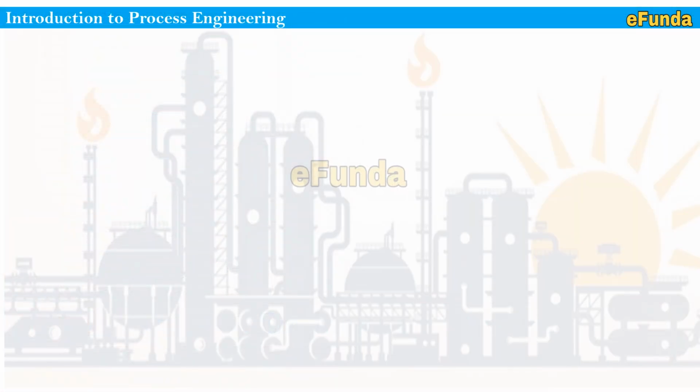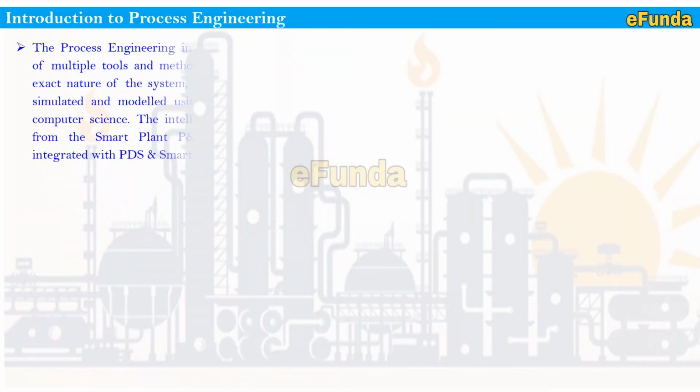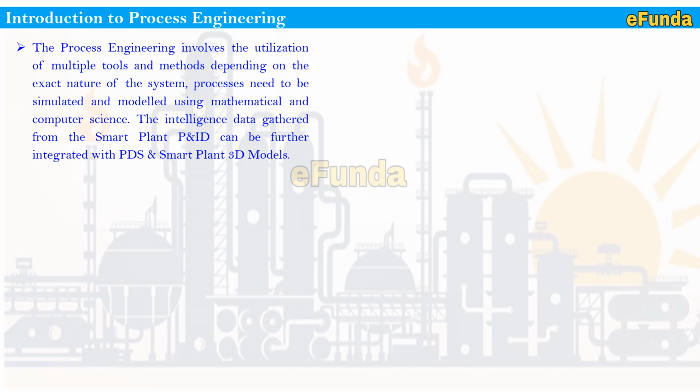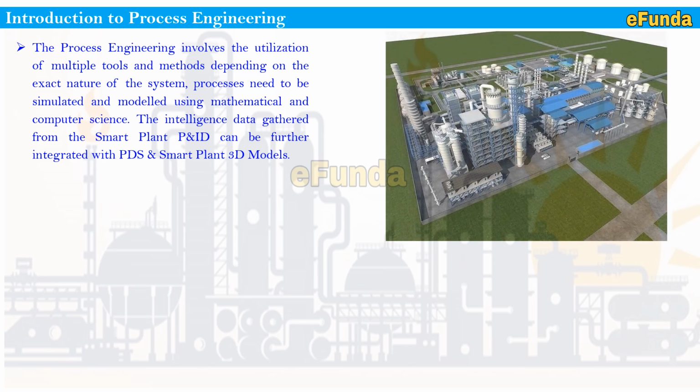Introduction to process engineering. Process engineering involves the utilization of multiple tools and methods depending on the exact nature of the system. Processes need to be simulated and modeled using mathematics and computer science. One can refer to the picture where the 3D model extraction is shown for a plant purpose.